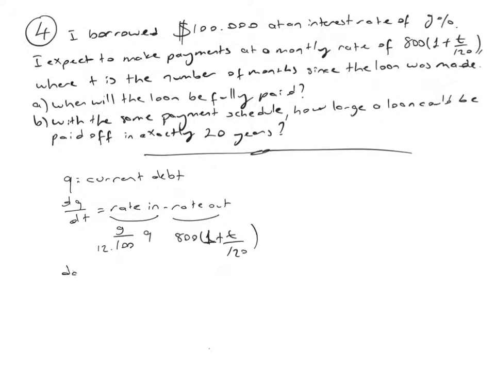So dQ over dt minus 0.0075 Q is equal to minus 800 times 1 plus T over 120.